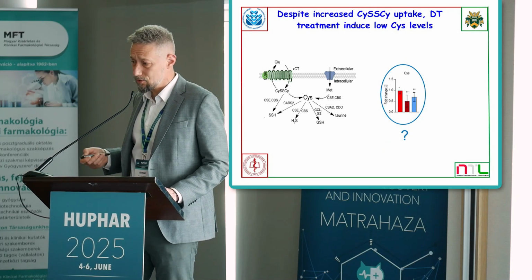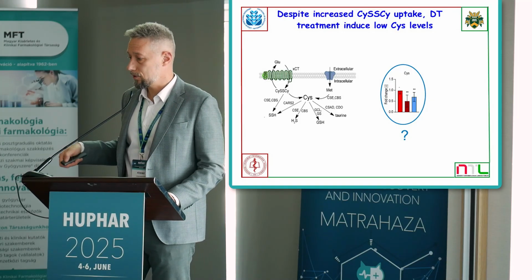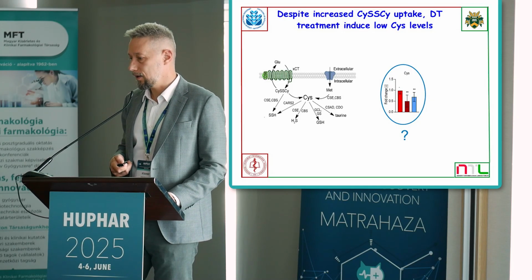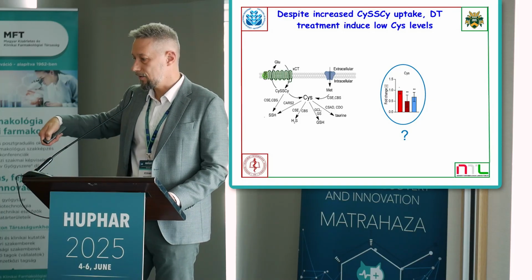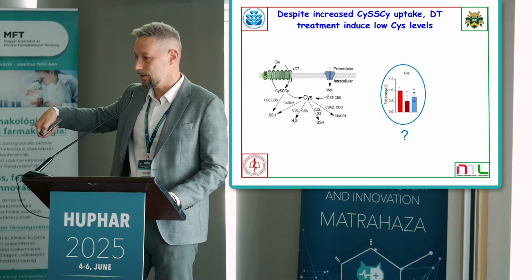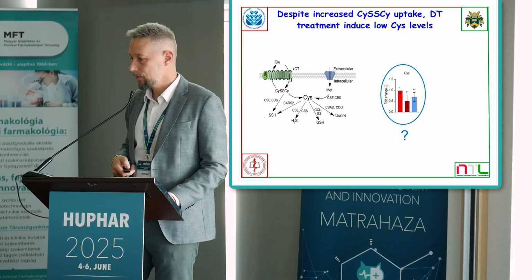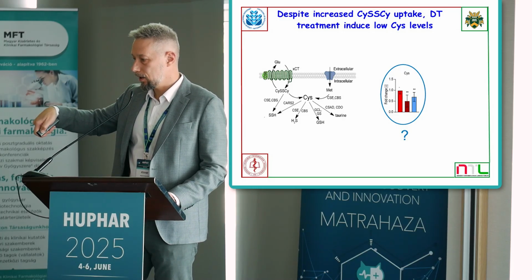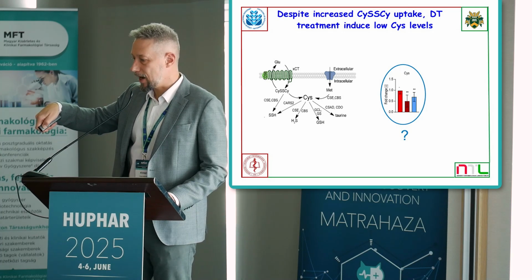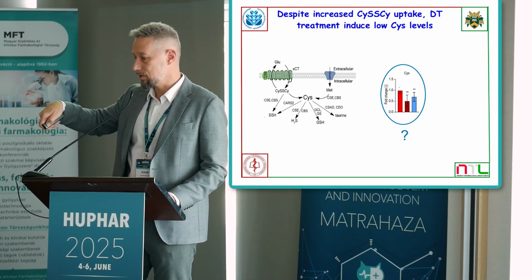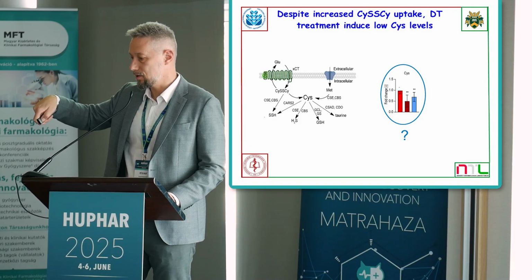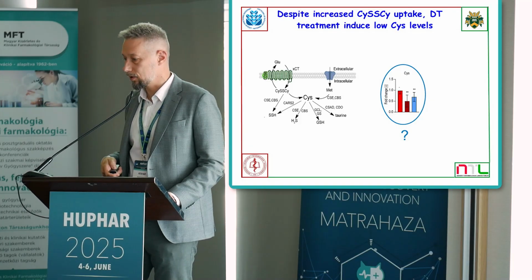But what was really interesting and puzzling at first was, if cysteine is so necessary for these cells to survive, why do you see less cysteine in the intracellular space? We could not find a good explanation for that initially, but apparently, if you think about it, it would also underlie the utilization of cysteine via other pathways where cysteine is needed, for example, to produce glutathione.